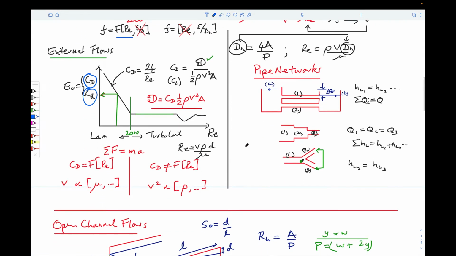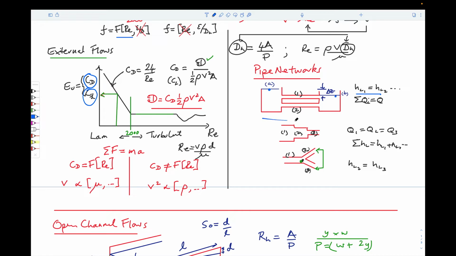We've talked about pipe networks, so we have more than one pipe flowing. We've talked about the cases of when you have parallel or series flow. In parallel flow, by definition, the head drop between the upstream and the downstream reservoir is the same for all pipes, and so the head losses for all of the individual components between upstream and downstream are the same, but the total flow from the upstream to downstream is the sum of the flow rates in pipe 1 and pipe 2, and if you have other pipes in the system also.